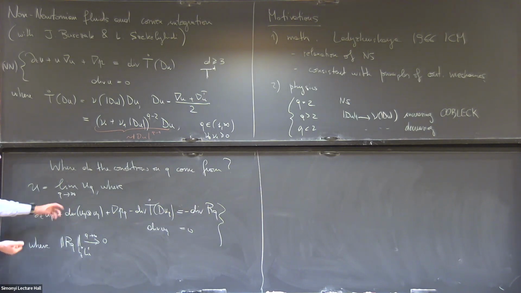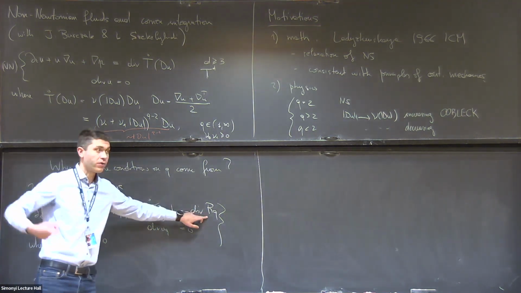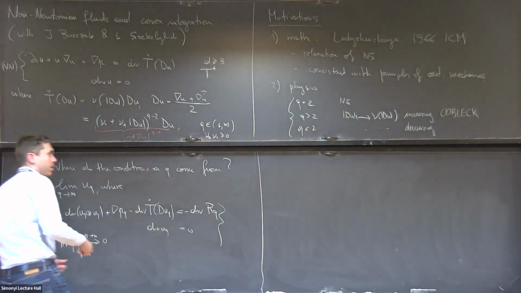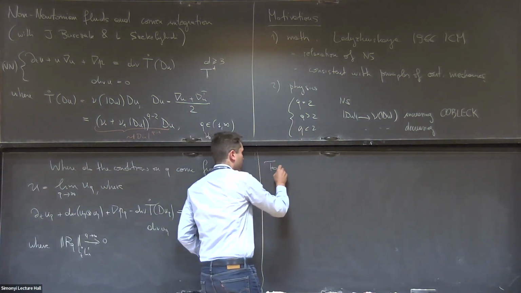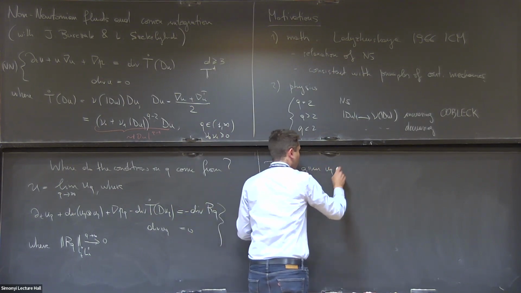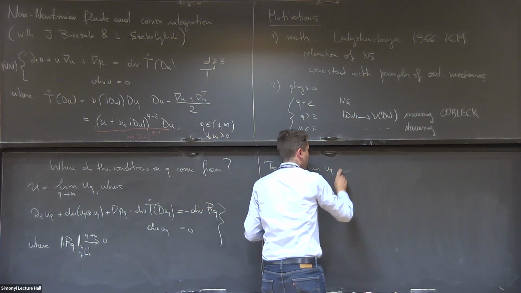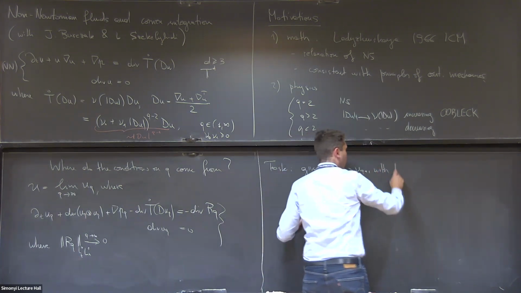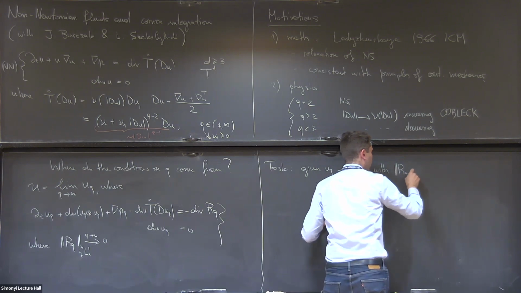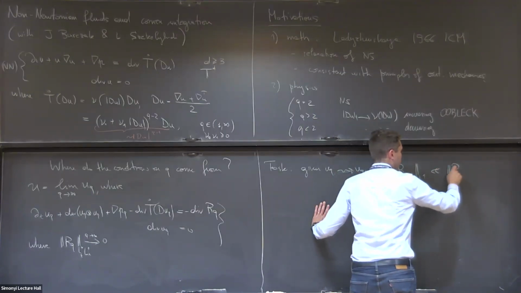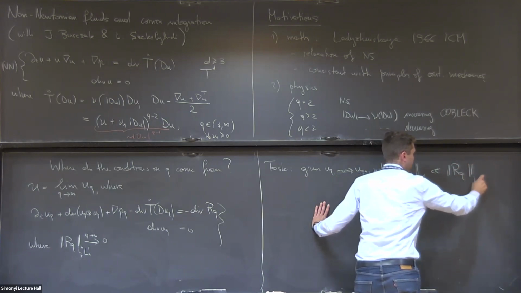So the main task is then, given U_q with some error, construct U_{q+1} with a much smaller error. So given U_q, construct U_{q+1} with the new error, R_{q+1}, in our norm much smaller than the previous error.